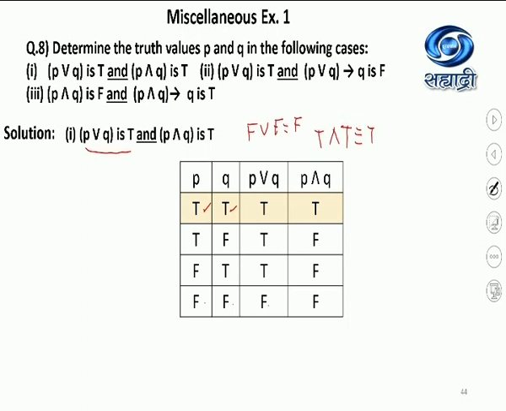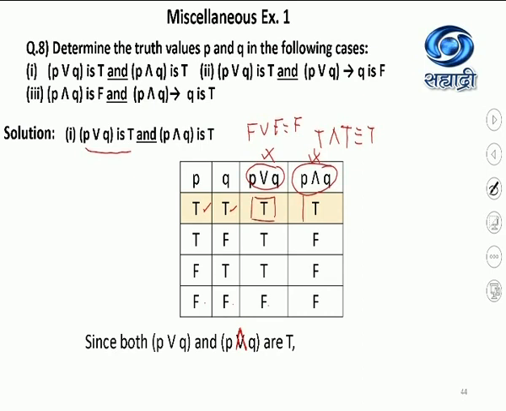So you can see only when both P and Q are T, P and Q is T; all other three are F. Now, once I have my truth table ready from the entries of P or Q as well as P and Q, I can find the truth values of P as well as Q. What is given to us is P or Q and P and Q is T. Now look at these two columns and check where both P or Q and P and Q are T. These are the two, both values T. And what are the corresponding values of P and Q here?